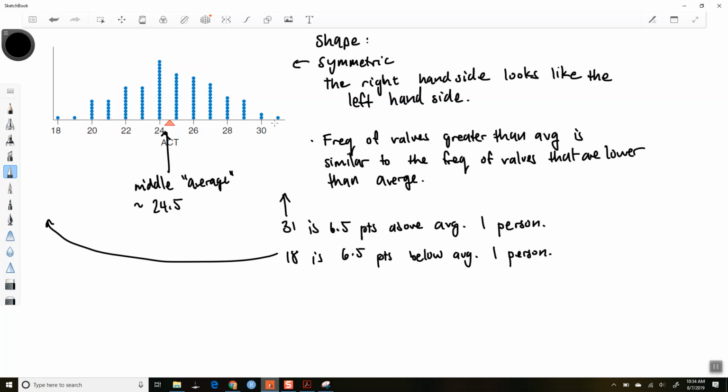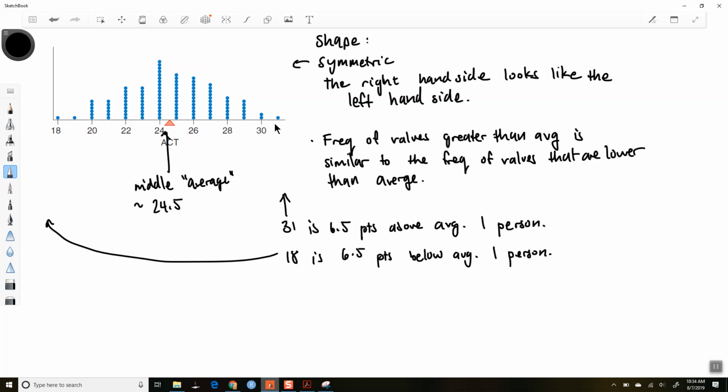So other things that are symmetric will be things like height, okay? As far as our skeletons go, it's mostly symmetric. We've got a lot of people who are average, and the farther you go above average, meaning really tall people, you have fewer and fewer people the more extreme you get, okay? And similarly, if you go in the opposite direction, on the shorter side, you're going to have a similar phenomenon, where the more extreme you go on the shorter side, the fewer and fewer people you have.